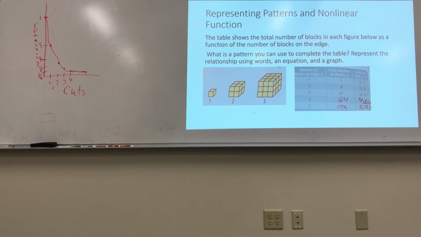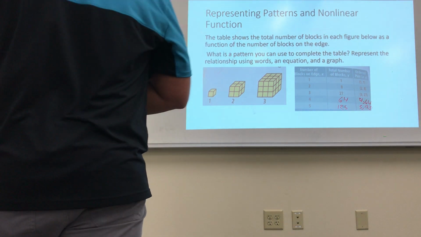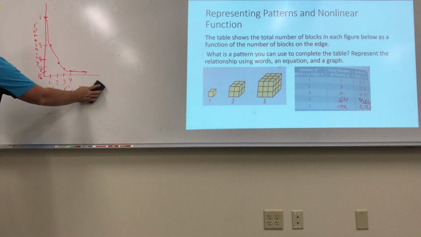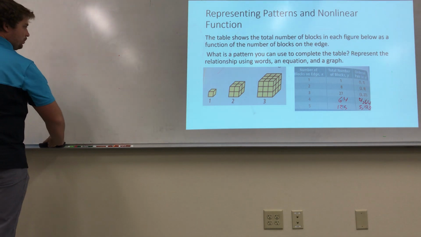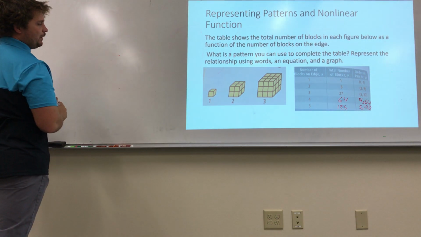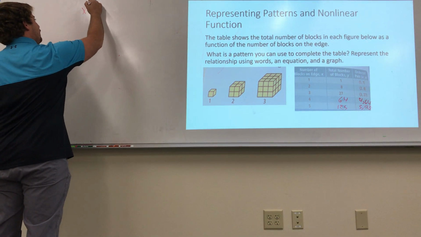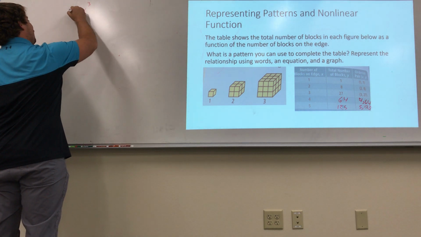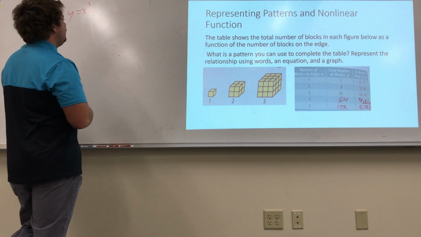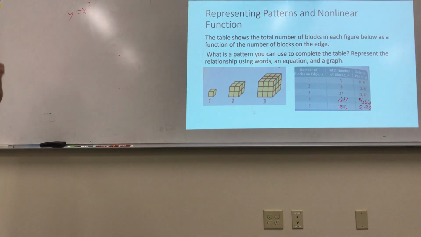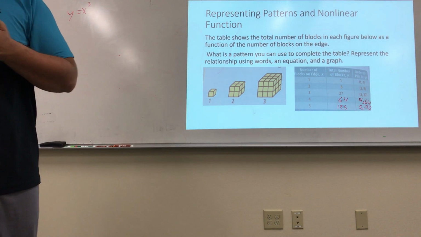Okay, so my equation I already talked about, what I thought was happening. So, we are basically taking what they are calling their x's, which is the blocks on the edge, so that's my x. They're cubing it to get my output, which is total number of blocks. So that would be my equation. So, now you have to turn that into words.